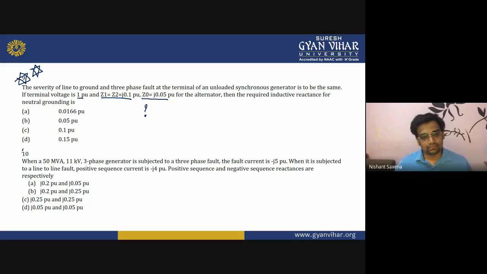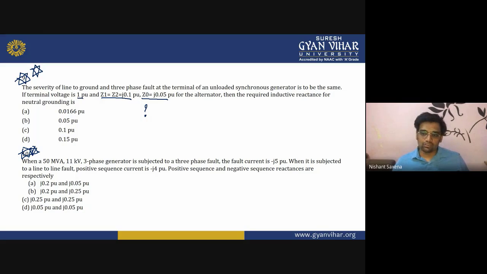Now, here is another important question. When a 50 MVA 11 kV 3-phase generator is subjected to a 3-phase fault, the fault current is minus j5 per unit. When it is subjected to a line fault, the positive sequence current is minus j4 per unit.